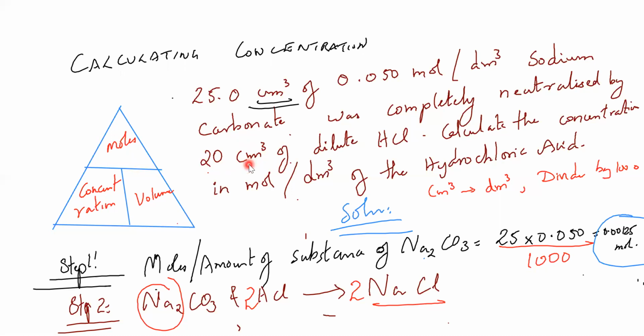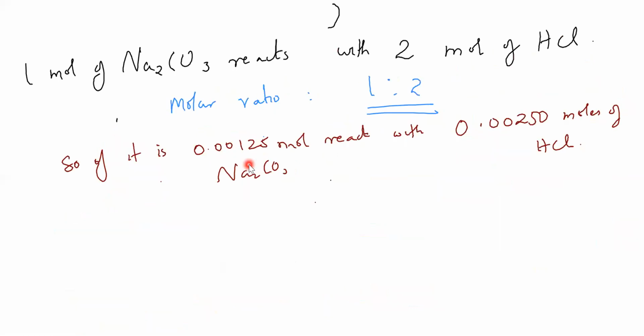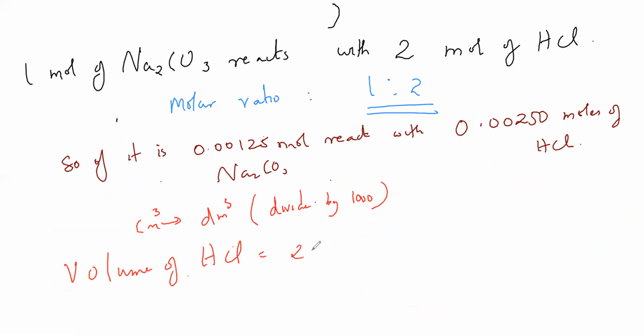So centimeter cube to decimeter cube, divide by 1000. So here also the volume of HCl is given as 20 centimeter cube. To convert this into decimeter cube, I should do 20 by 1000 respectively. I'll get decimeter cube.